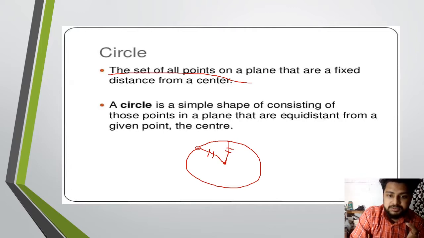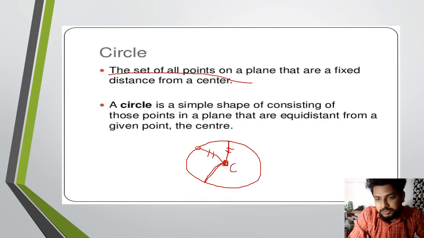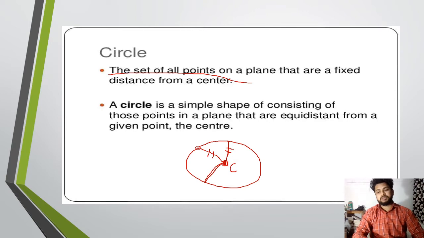Here to here distance and here to here distance, both are the same. If we take any point, suppose this point or this point, and join the line, the length of this line and this line are all the same. The point that makes the same distance is called the center. It is known as the center of the circle.